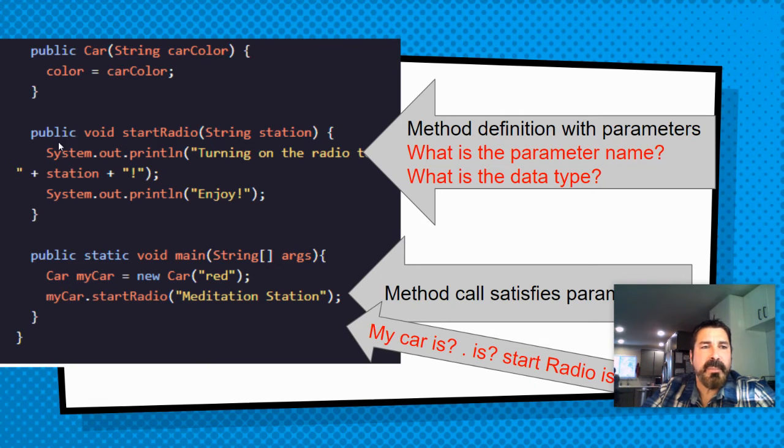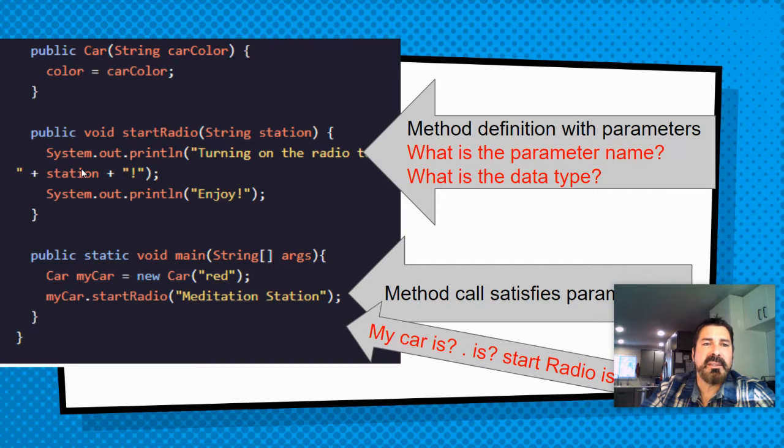And so they created this method, start radio, so we know because it's void that it's a command. We know it doesn't return anything. Because it's public, we know that everybody can access it, but that's not what we're talking about. What we're talking about is they added into the parentheses string station.